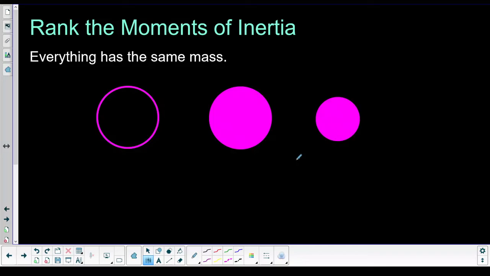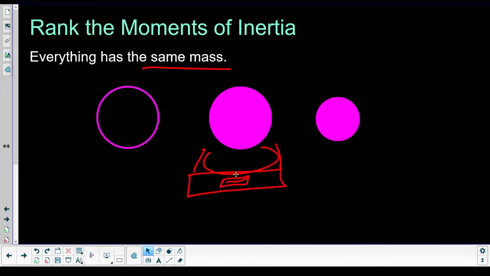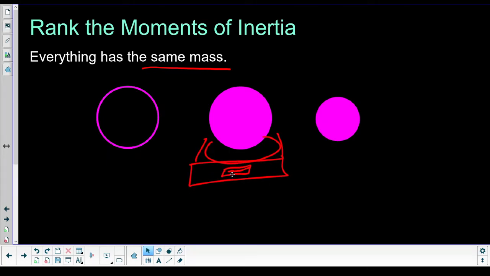So we've got three different disky things here. We have a ring. So all three of these have the same mass. If you put this on a scale and measure this thing, it'll say whatever. And then we take our scale and measure this one, and it'll say the same thing.